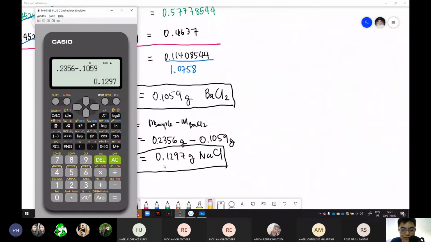Okay? So, ang mass ng sample, mass ng barium chloride, 1059. Mass ng sample, 0.2356. Times 100 mo lang yan. So, ito yung percent ng barium chloride. No? So, 44.95.